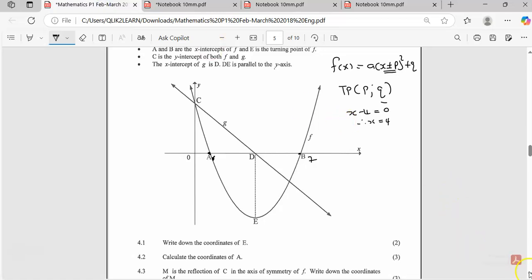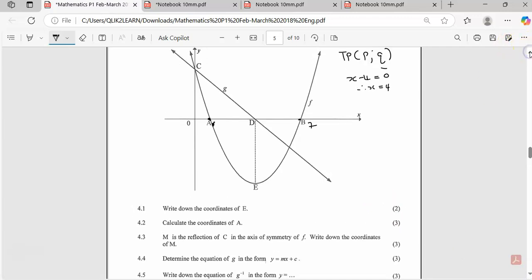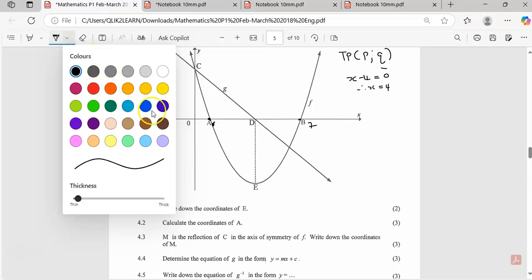Okay, nice. Now let's move to 4.3. M is the reflection of C in the axis of symmetry. You need to draw the line of the axis of symmetry.